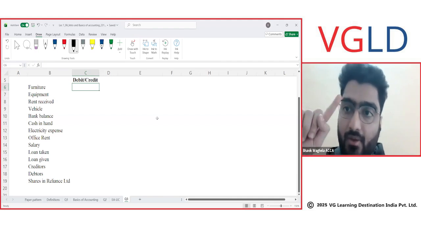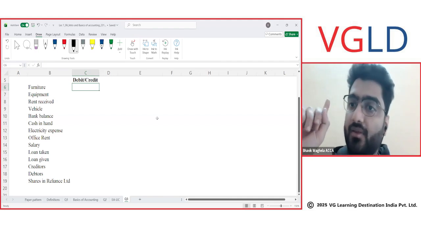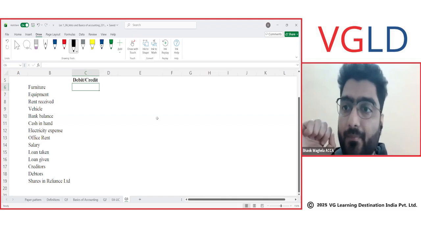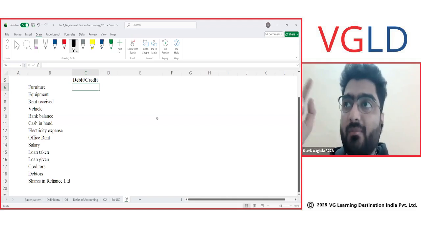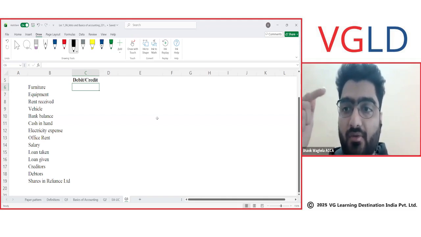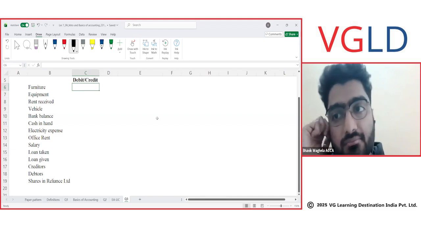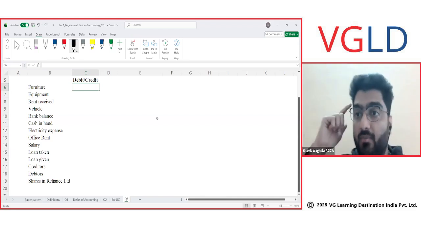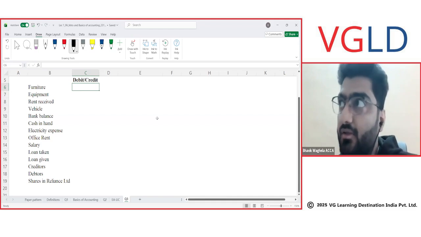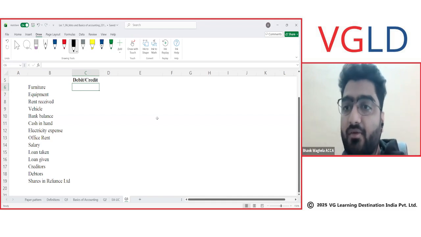If it's an expense or an asset, you will say debit. So you don't have to tell me income, liability, expense, capital, or asset. You have to directly tell me debit or credit. So you will first think, okay, this is an income. Income means credit. You will give me the answer as credit. Everyone got this?